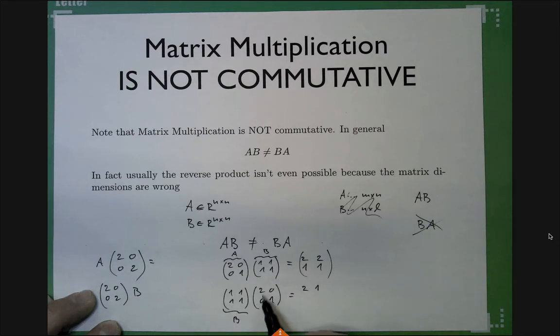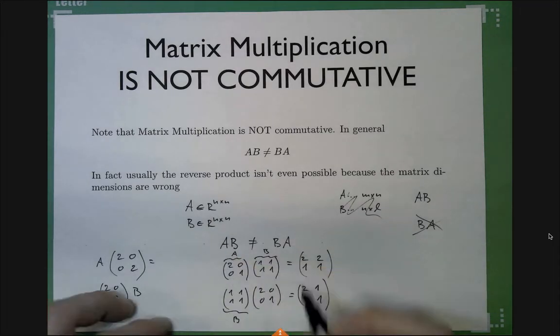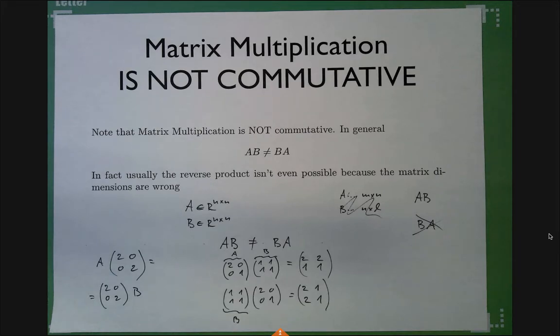Second row, first column, 2. Second row, second column, 1. Okay? So clearly these two matrices are not equal. So in this case, certainly AB is not equal to BA, even though both of them happen to be defined. I think that's the simplest example you can come up with.